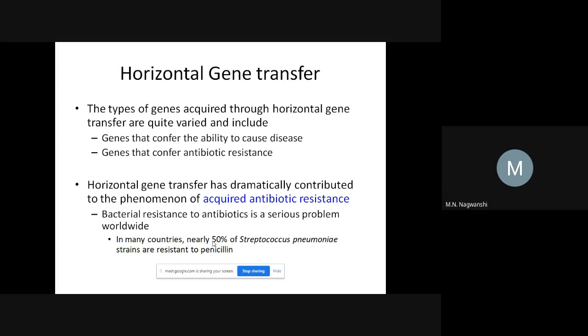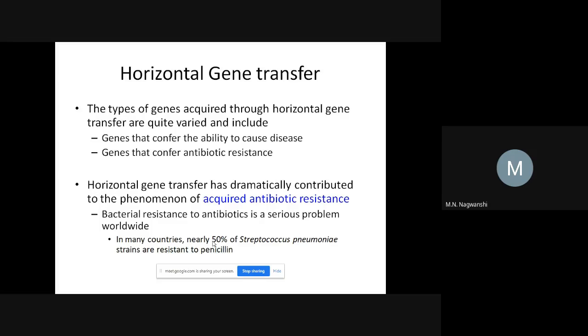The gene should be able to cause disease in the bacteria. At the same time, the genes should have the ability to produce antibiotic resistance substances.